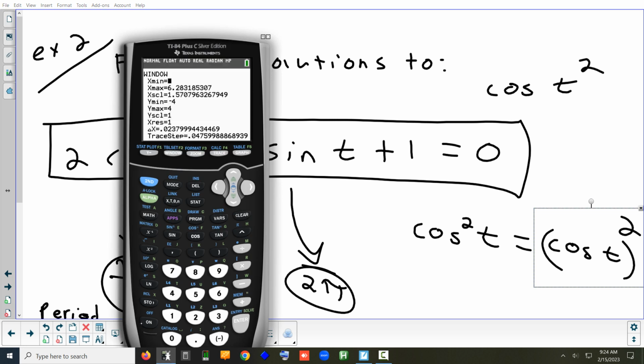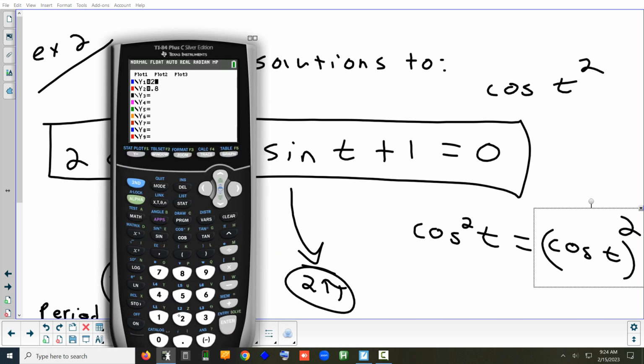And to put it in, you're going to really just type it pretty much like I did on the right-hand side. So you're going to put in 2 cosine t. Well, I have to use x. And then just make sure that the exponent is on the outside of the parentheses. If you do it like this, you've now changed the order of operations. That's wrong.